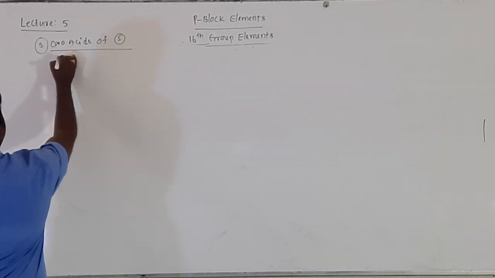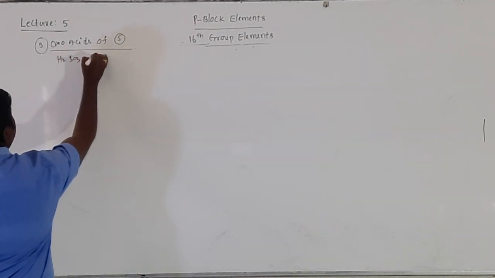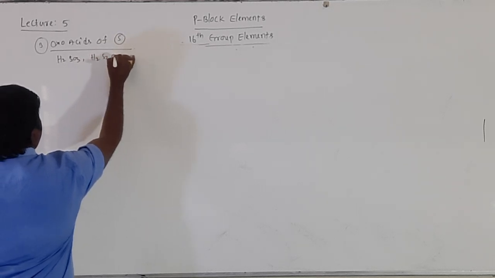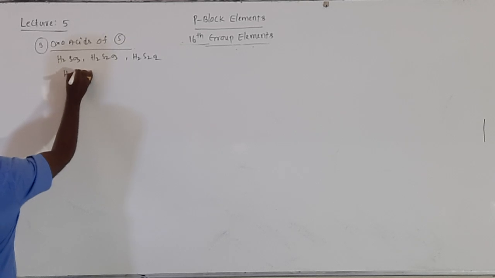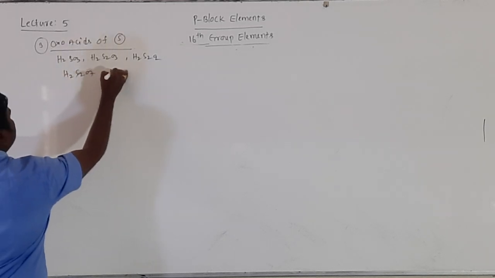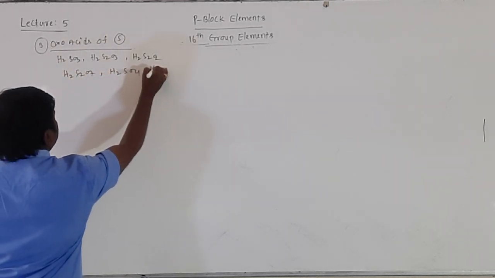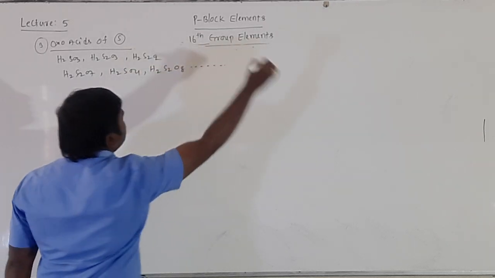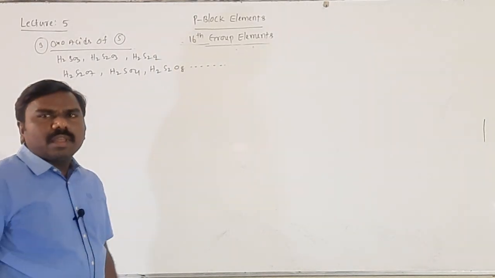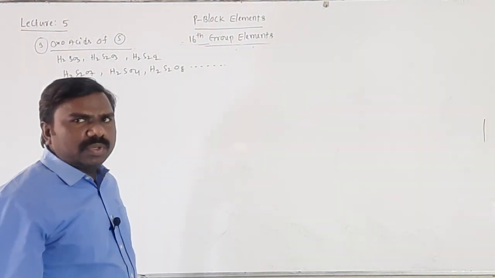Many acids are there: H2SO3, H2S2O2, H2S2O3, next H2S2O7, H2SO4, H2S2O8, like that many acids are there. Among them, a few structures we will discuss.